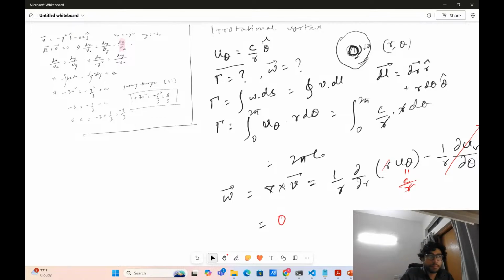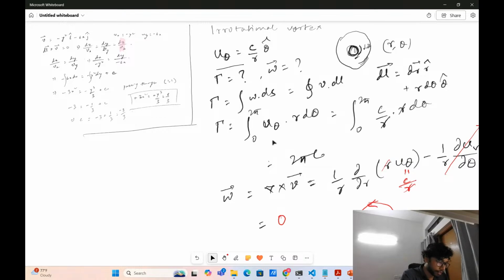So this is an example where you should try to see what is happening. Even if the vorticity is 0, the circulation is not vanishing, right? In fact, the circulation is constant. And where did we calculate the circulation? We calculated it over any closed loop around the center.